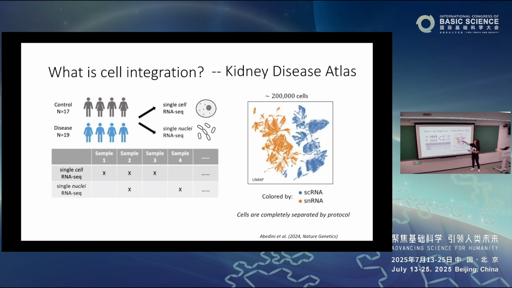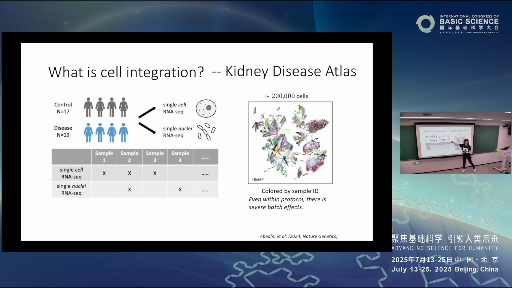And in fact, now if you look within protocol, if you color it by sample ID, you see that it's not just single cell versus single nuclei. Even within the same protocol, just different samples, depending on how long it rested on dry ice, or who's the technician that did it, or what instrument you processed on.